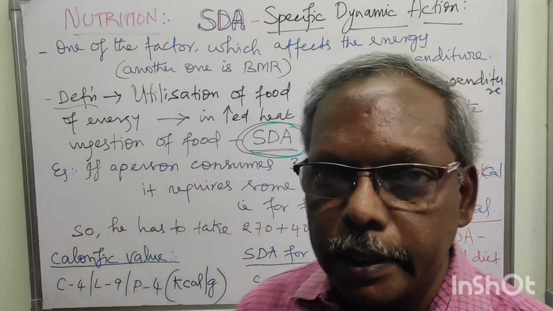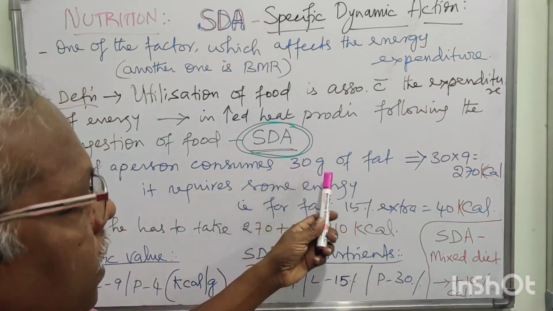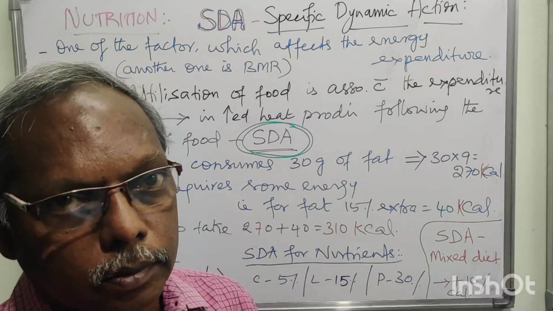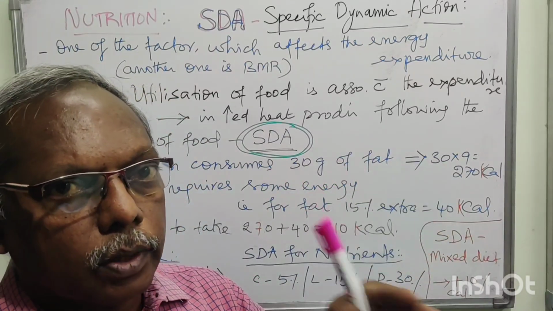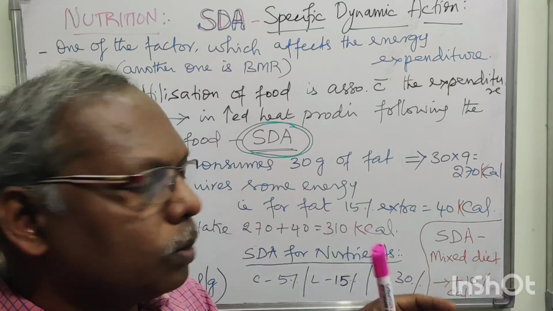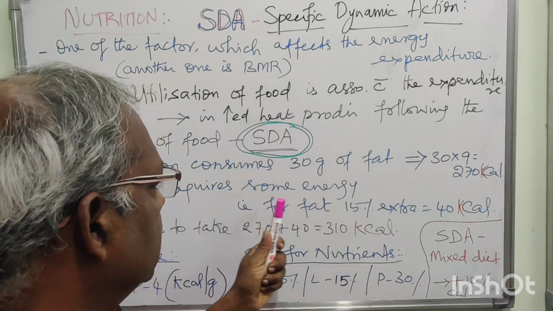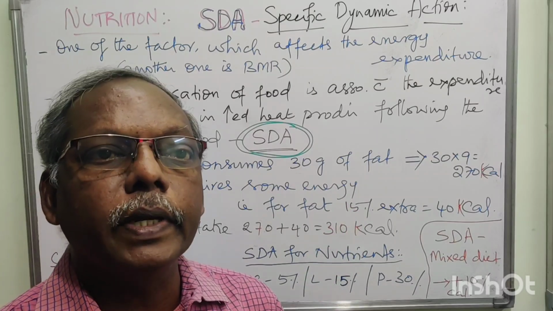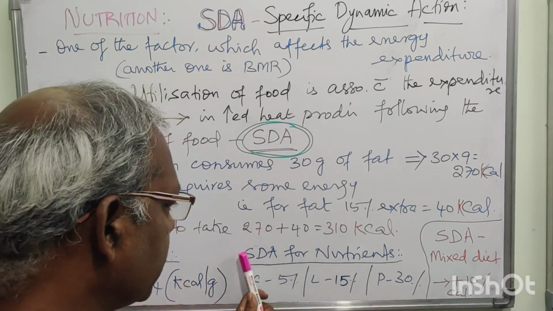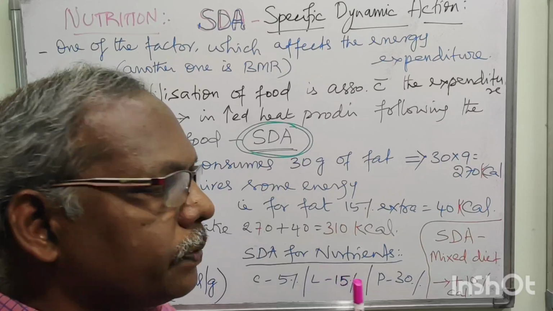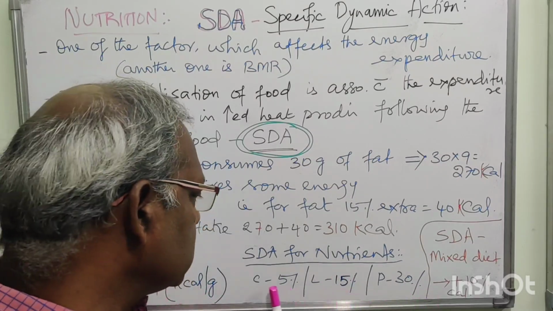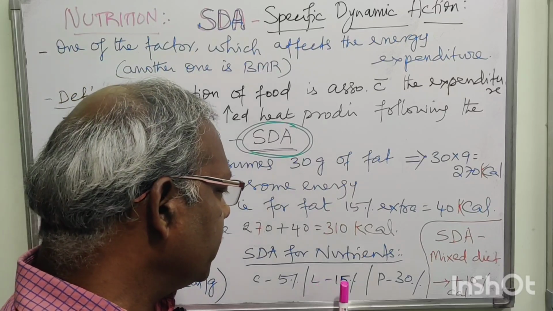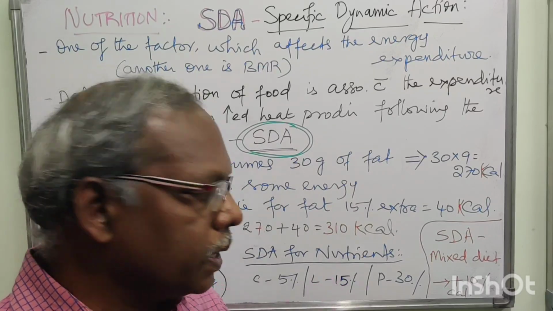So according to this, if the person takes 30 grams of fat, 30 into 9 produces 270 calories. Calories and kilocalories are the same; simply call it calories. He requires some extra energy for this 30 grams, that is 15%. They derive a fixed number for the specific dynamic action of nutrients: for carbohydrate 5%, for lipid extra 15%.